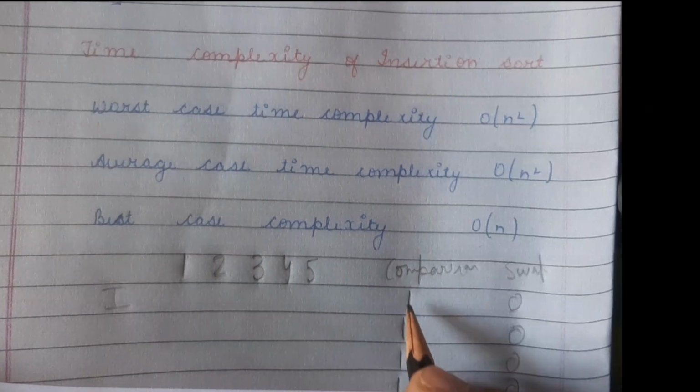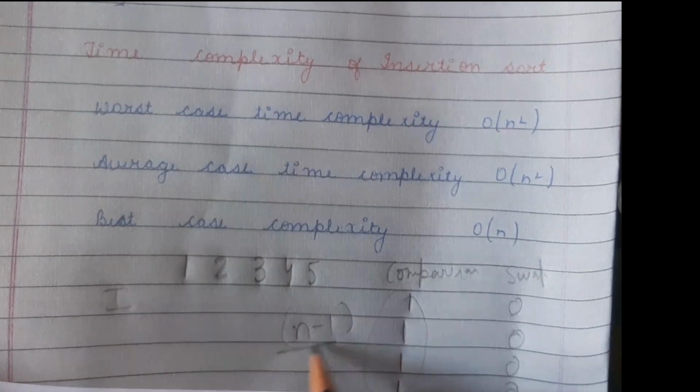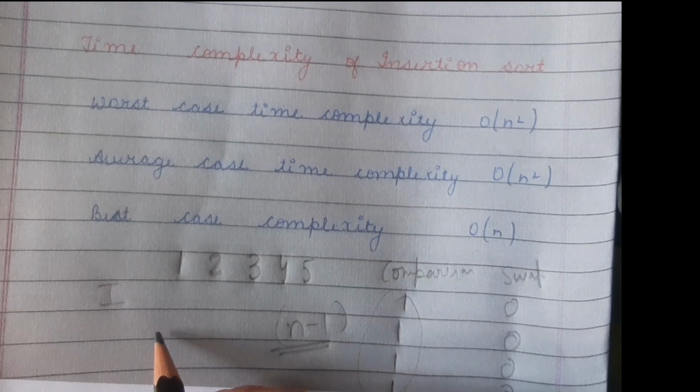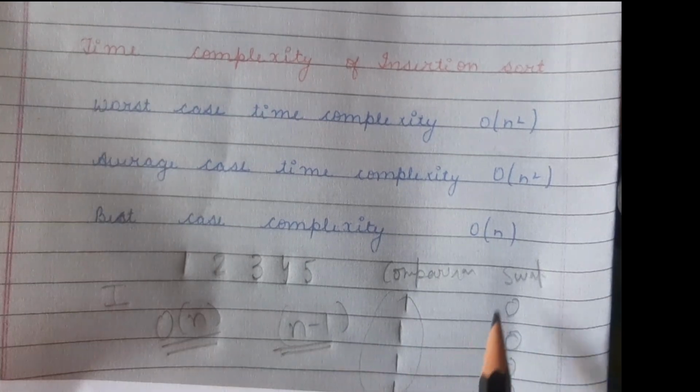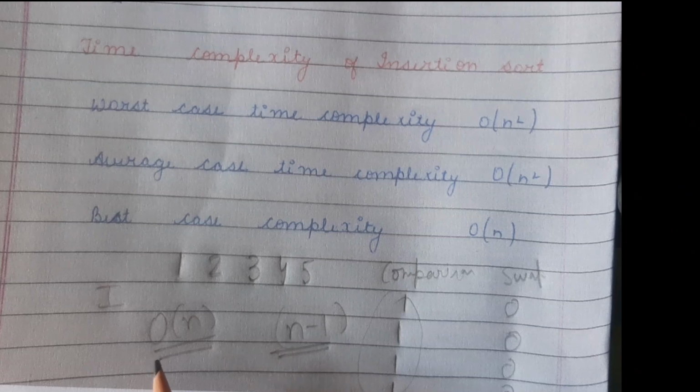So how many comparisons did we perform? If there are n elements, n minus 1 comparisons are performed. So the complexity becomes big O of n, because the number of swaps is 0 in the best case. That's why the complexity becomes big O of n.